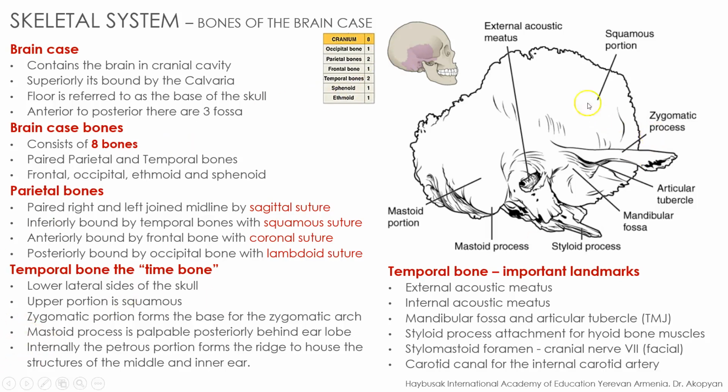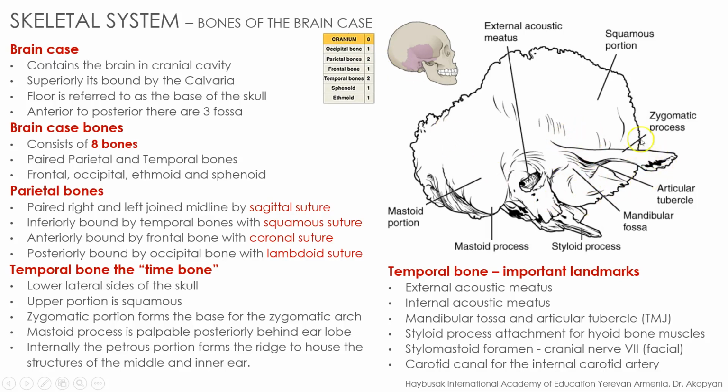The temporal bone forms the inferior lateral aspect of the cranium, and it has 4 components or 4 parts. The squamous part forms an articulation with the parietal bones and the sphenoid bones through the squamous suture. The mastoid component houses the mastoid process and forms an articulation with the occipital bone.